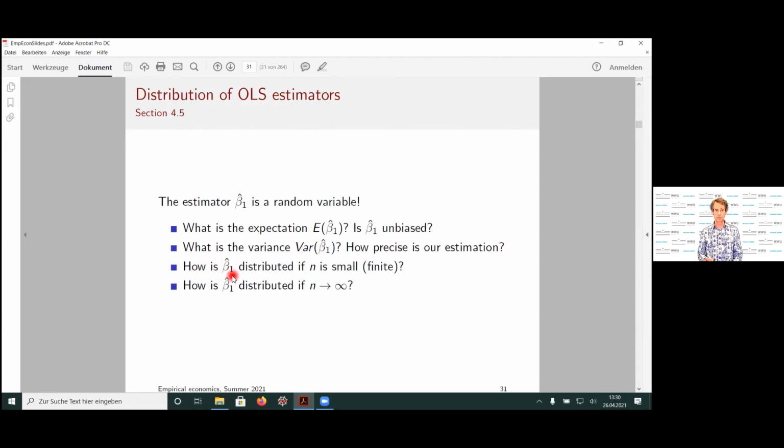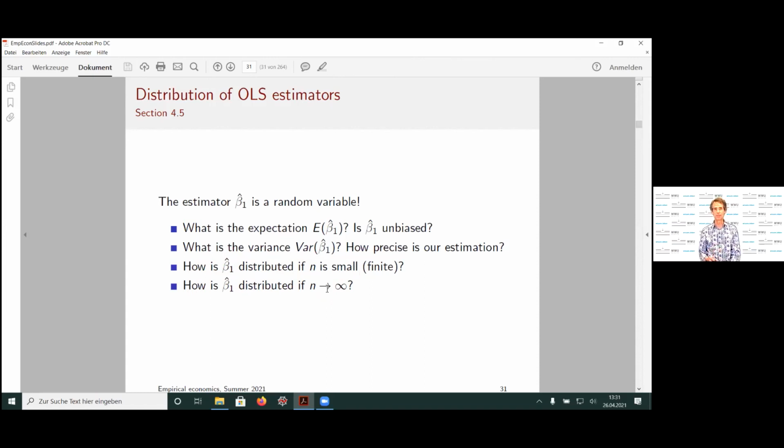Also, further questions: what is the distribution of beta 1 hat? First in small samples, finite samples, and also in large samples. This distinction between finite samples and infinitely large samples might seem a bit artificial at the moment, because in reality, of course, we never have infinitely large samples, but it is really a practical distinction.